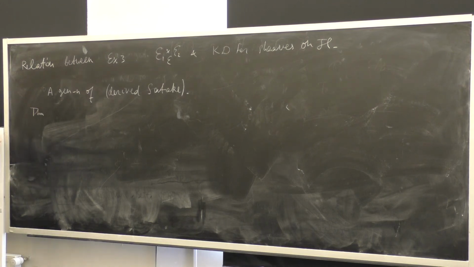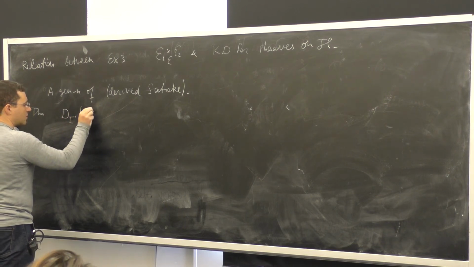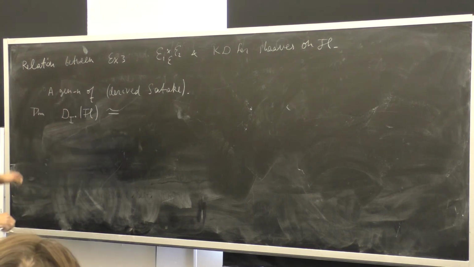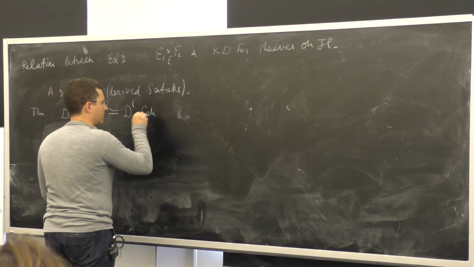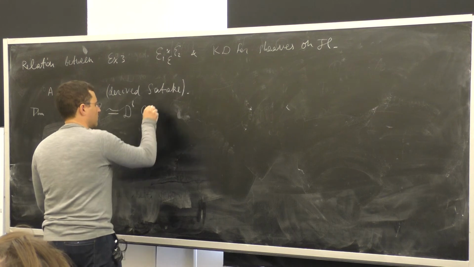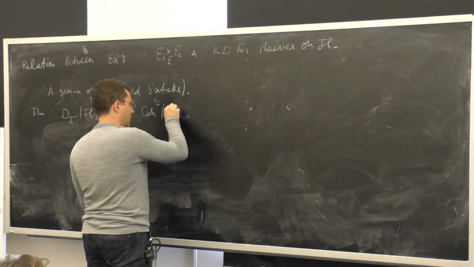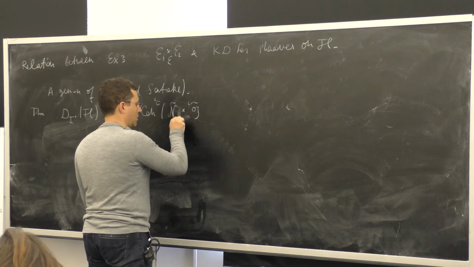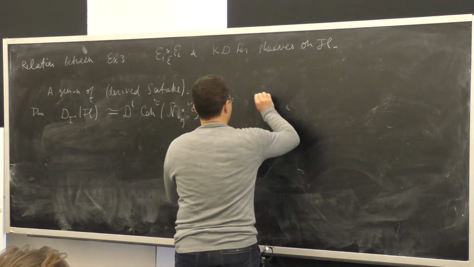So let me maybe start with the D I naught of flags. And so here we definitely have to pass to the dual group. And okay, so here I'll write notation. So I take the dual group, and so then I have this usual story.